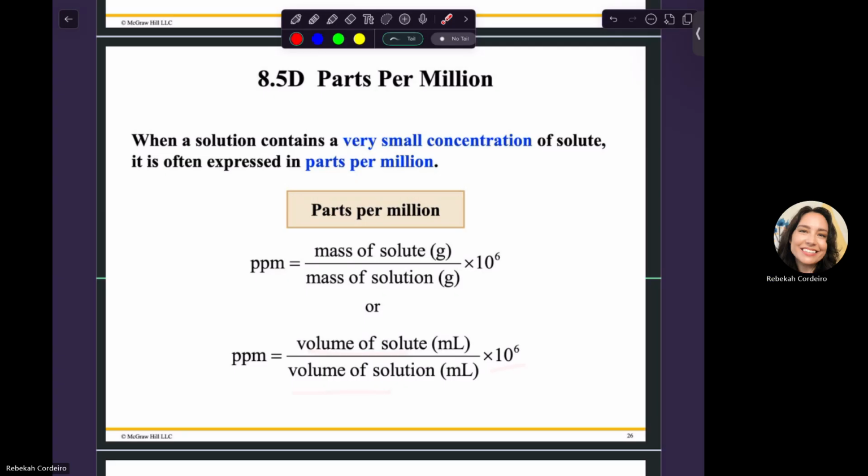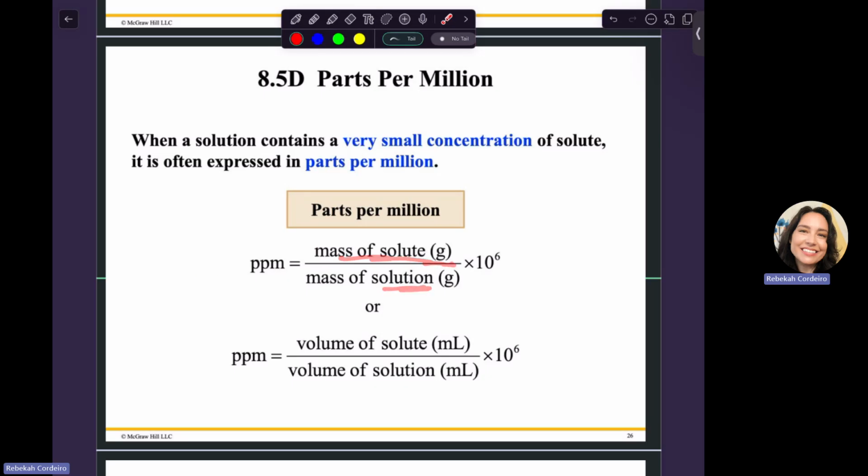It's usually very small amounts. So if you have a very tiny number up here versus a big number down here, we multiply it by the million to give it a number that we can work with. For example, the mass of the solute might be 10 to the negative 20 in 1 gram.